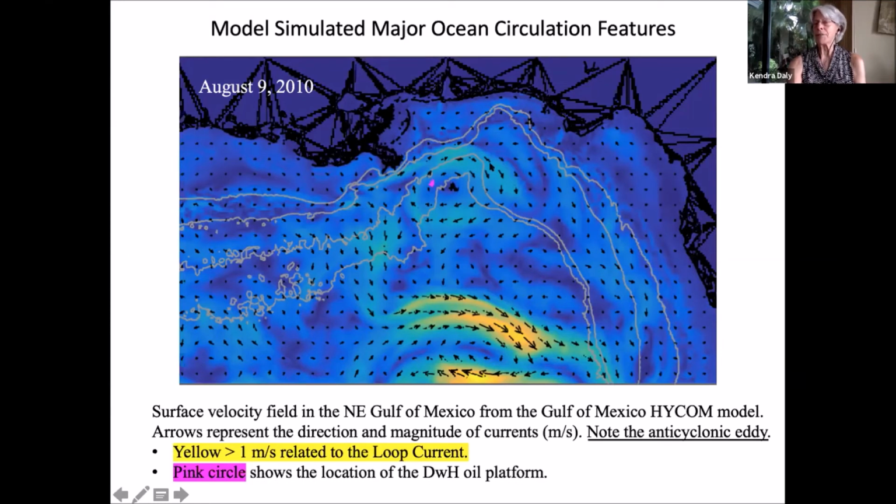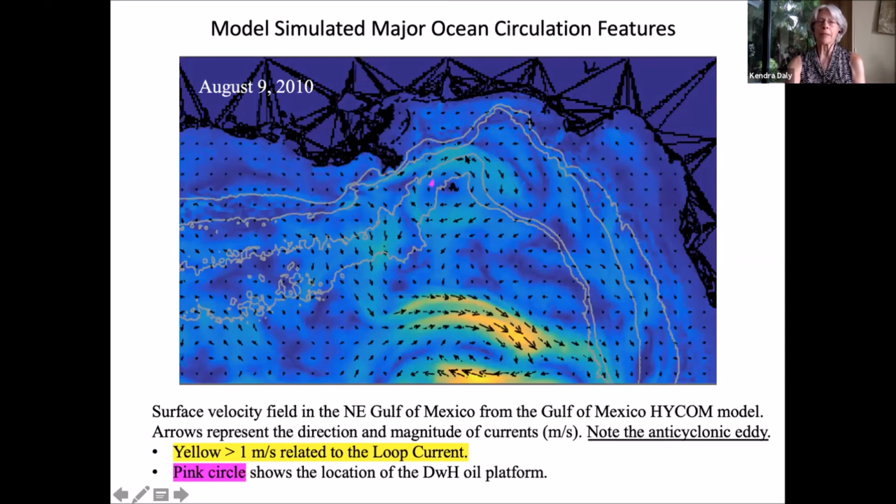And these eddies are very common. They can form and last weeks to months. They can go away and then new ones come in. So they often sit at the shelf slope area impinging on the DeSoto Canyon.